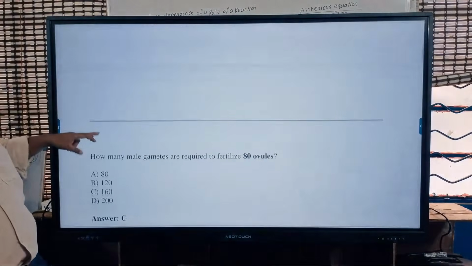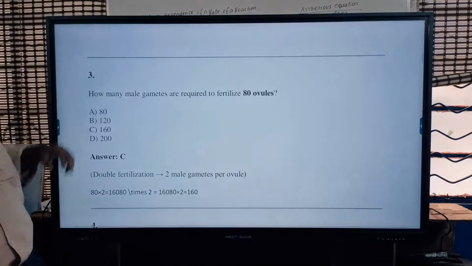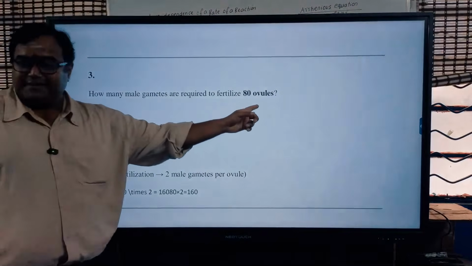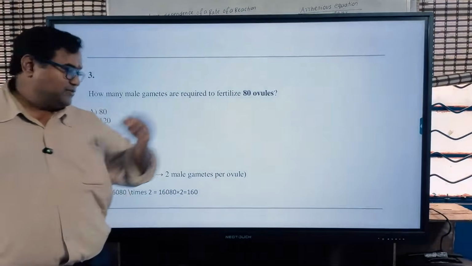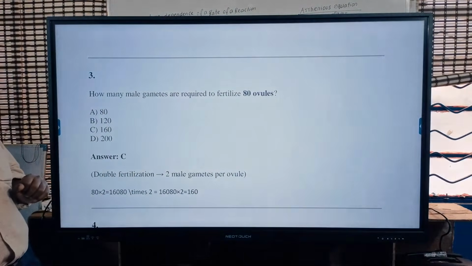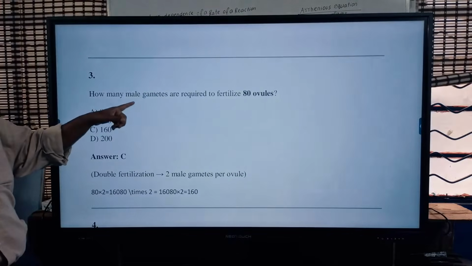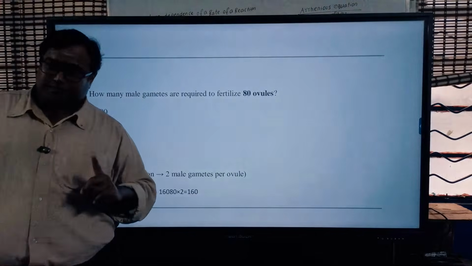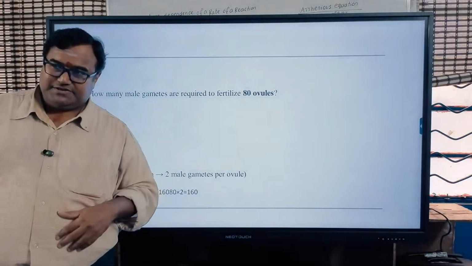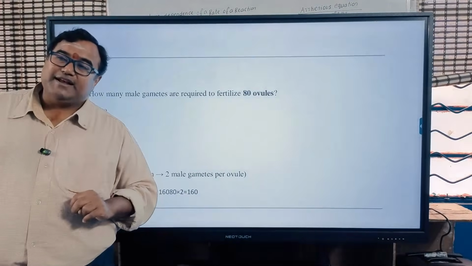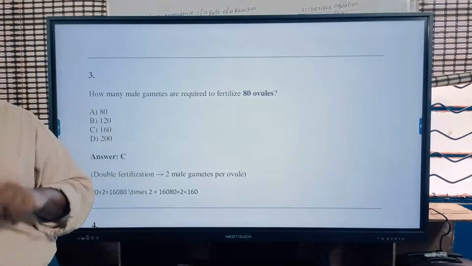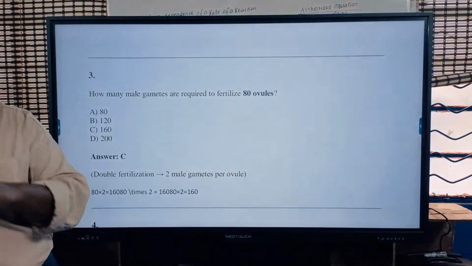Now, how many male gametes are required to fertilize 80 ovules? Here, in one ovule, one egg is present. Why are we saying two male gametes? One male gamete is enough to fuse with one egg.